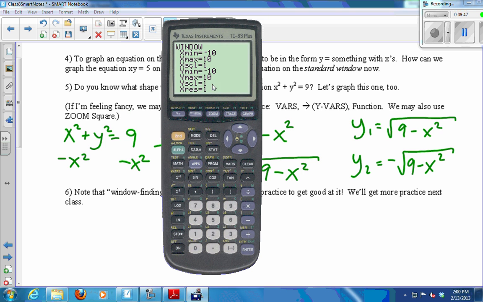My x scale and my y scale is 1. That just means that every tick mark represents 1 unit. So x goes from negative 10 to 10, y goes negative 10 to 10. Why is my shape coming out distorted?